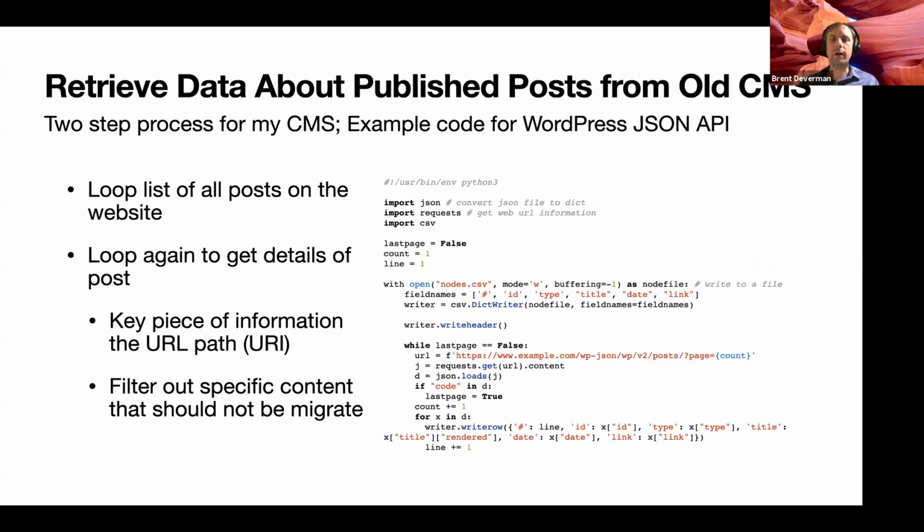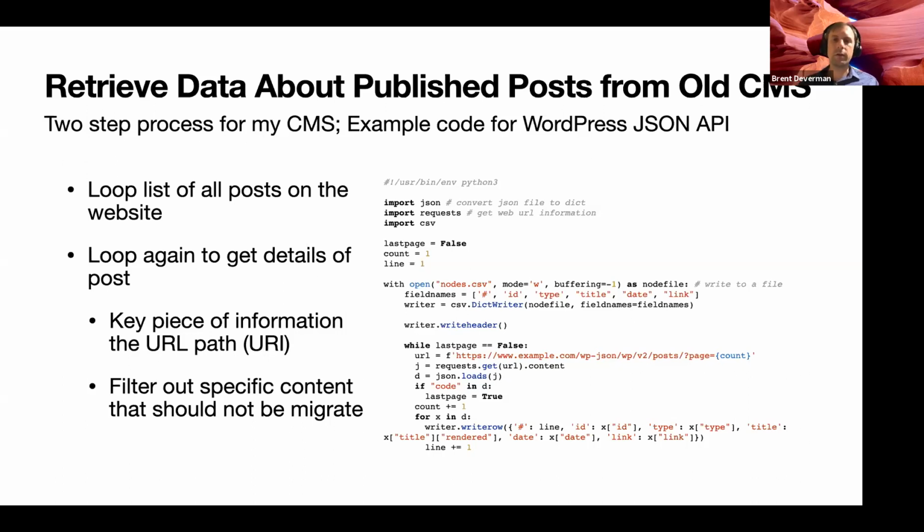I'm going to loop through this and request the posts from WordPress, 10 or 20 at a time, loop through those posts, and write out each post to a CSV to capture some of the essential information like the link, the post ID, type of post, and title.